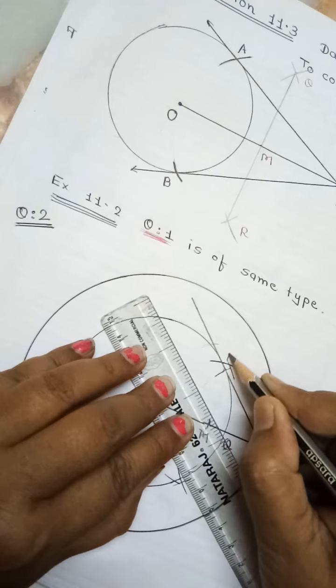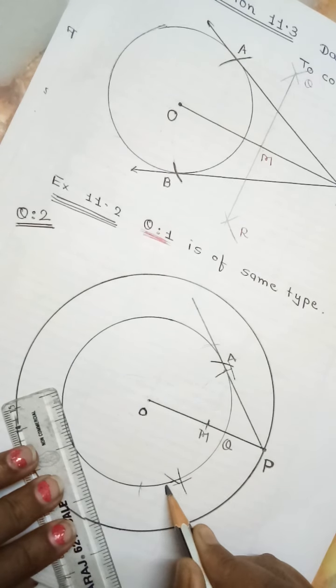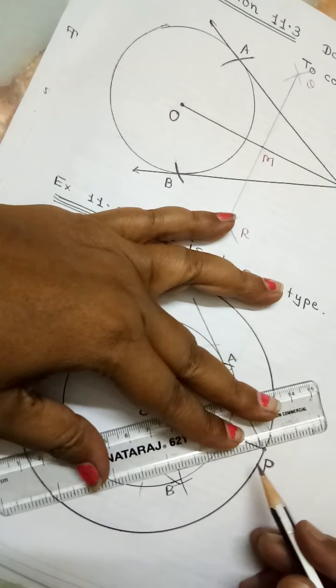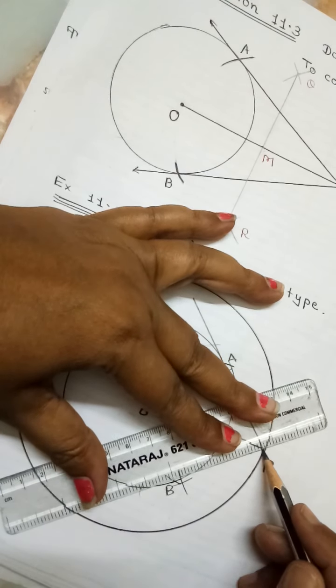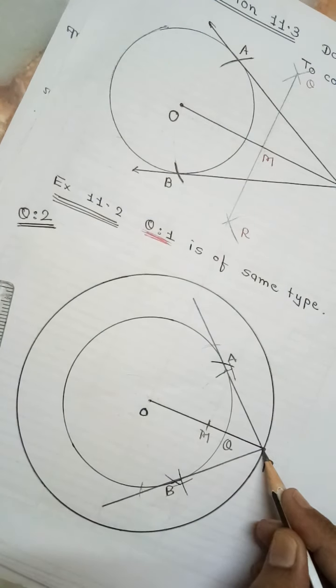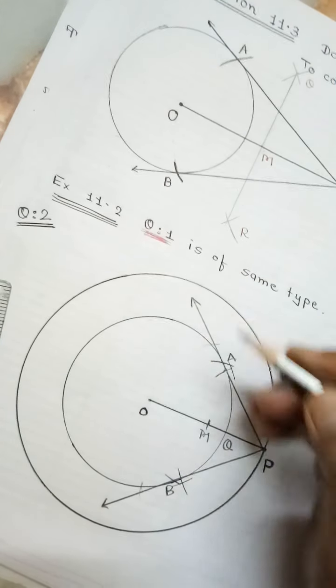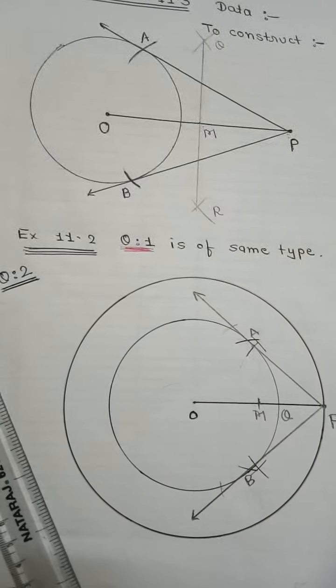So this is your point A, and similar way it is intersecting here. So this is your point B. So PA and PB are the tangents from point P to the circle O4. No need to show calculation.